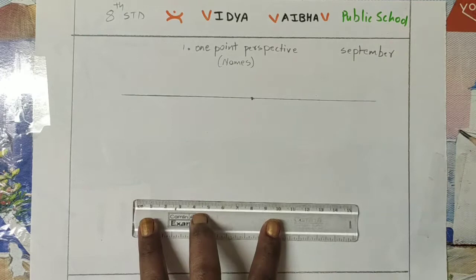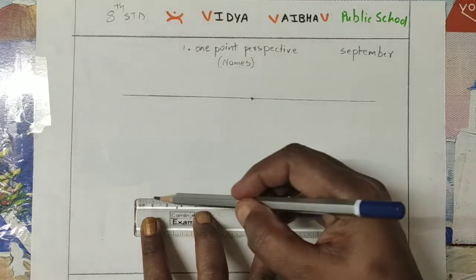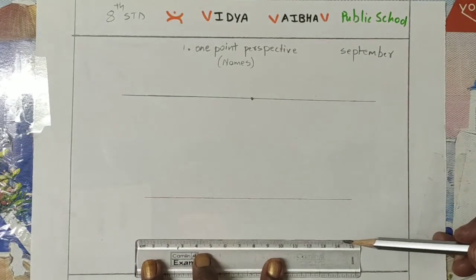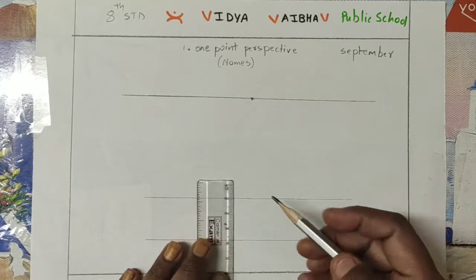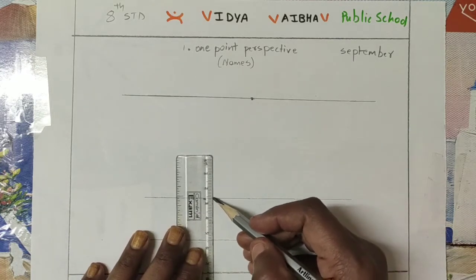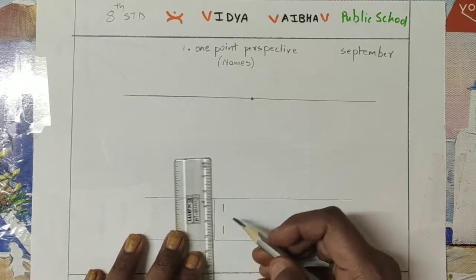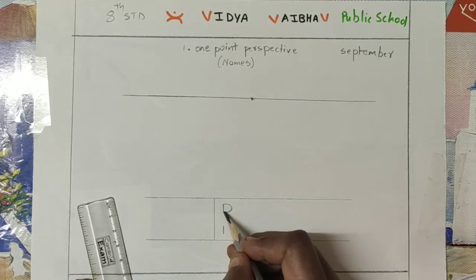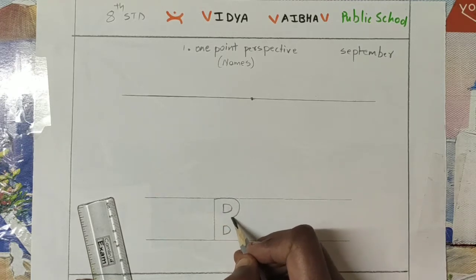So the 1 point, this is a point of 1 point. Here I am drawing a parallel line to write the letters A, B, C and D. Using these parallel lines, I am going to write a letter B. Can you see? Every time we should plan our first face, right?